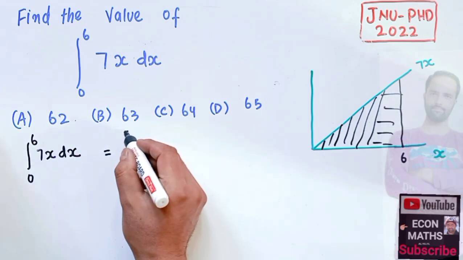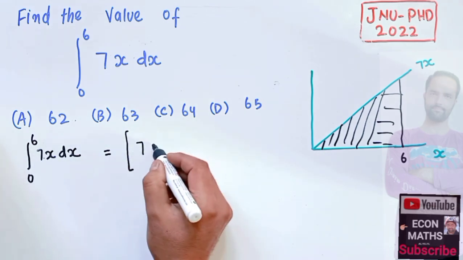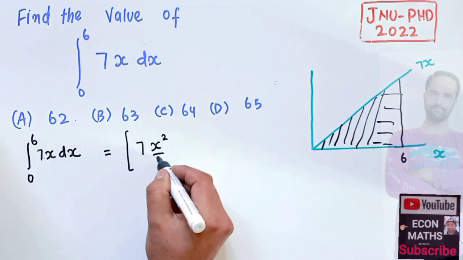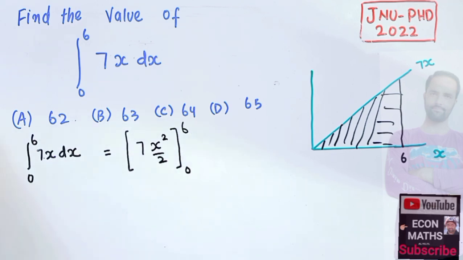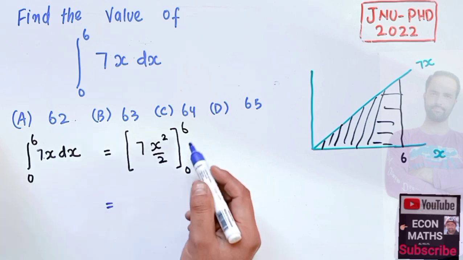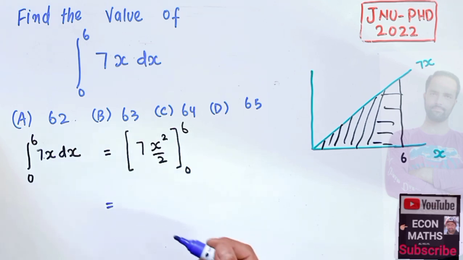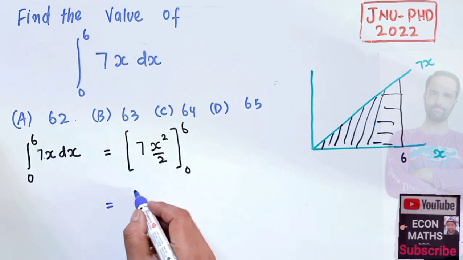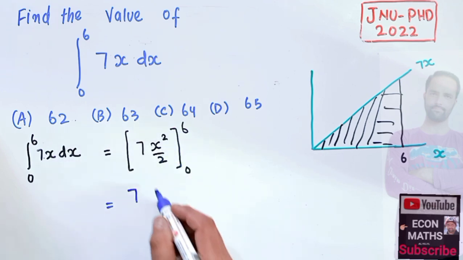Okay, so how do we take it? Simply, first we take the integral. So 7, the integral of x is x square upon 2, and we evaluate it from 0 to 6. Now we evaluate it at the upper limit first, then subtract and evaluate it at the lower limit. So we have 7. First we put x is equal to 6.